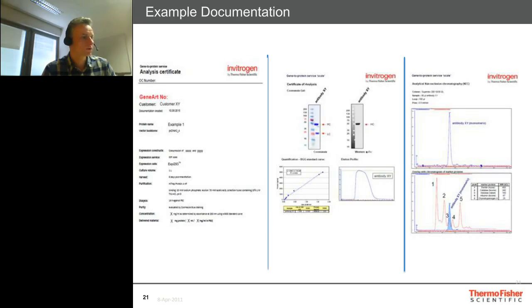This is just a standard curve for the concentration determination. In this case, we have done an analytical size exclusion to see, for this antibody, the percent of monomeric antibody, and we also run this antibody together with a set of marker proteins so that you can see it runs according to what you need.